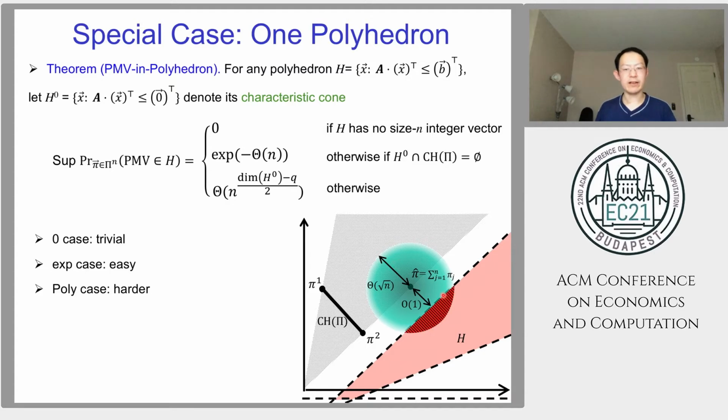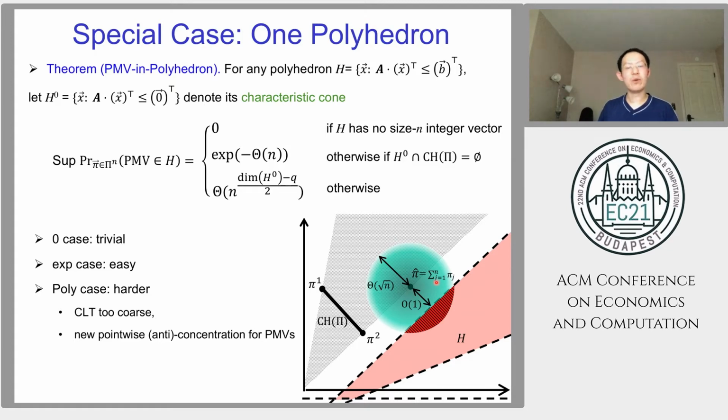Now, the real challenge is to calculate the probability for the intersection of this area and H. And actually, this is a place where the standard central limit theorems are too coarse, because all of them, as we are aware, have a 1 over square root n error, which is too coarse for the bounds we're trying to prove.